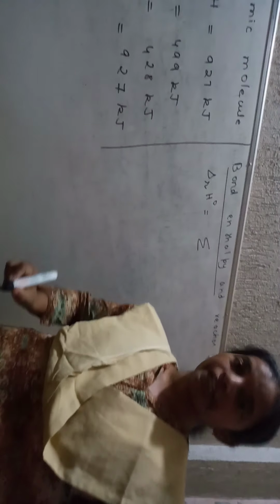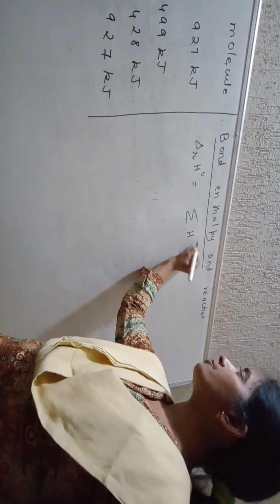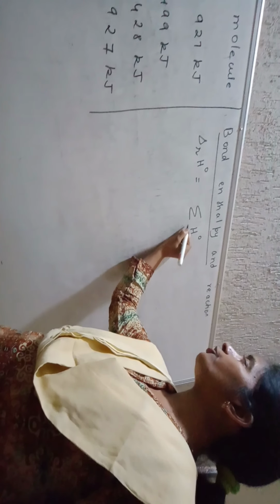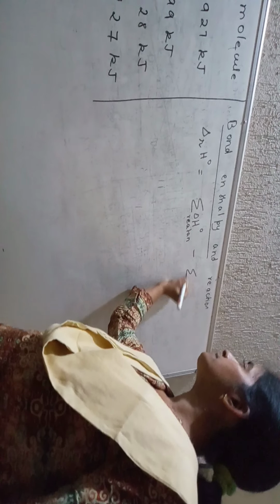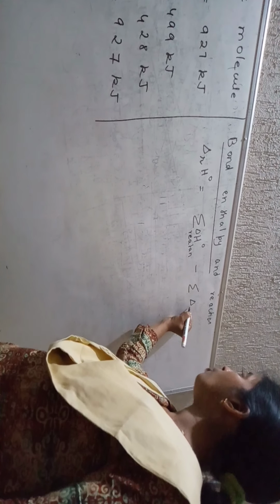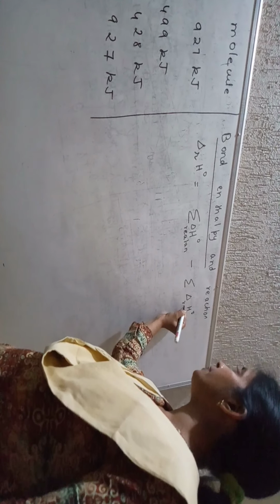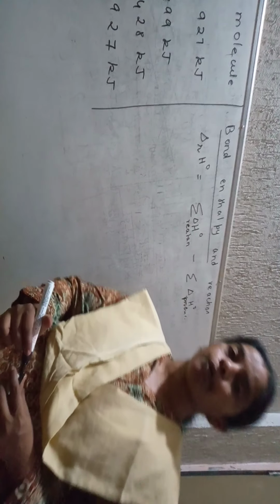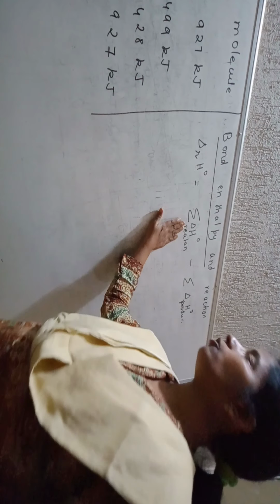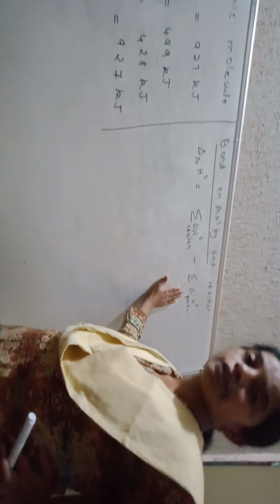Students, the standard enthalpy of the reaction is the summation of bond enthalpies of reactants minus the summation of bond enthalpies of products. Whenever you show the bond enthalpy of a given chemical reaction, it is the overall enthalpy of the reactants minus the enthalpy of the products.